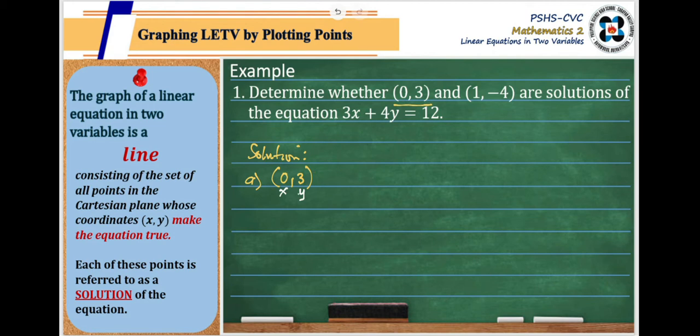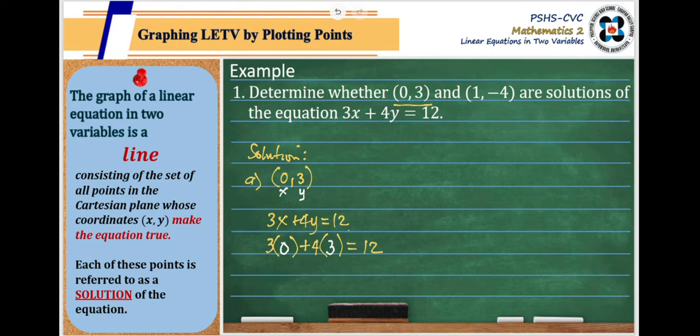In the equation 3x plus 4y is equal to 12, we will replace x with the x coordinate 0 and y with the y coordinate 3 and see if the two values satisfy the given equation. So substituting values, we have 3 times the quantity 0 plus 4 times the quantity 3 equals 12.